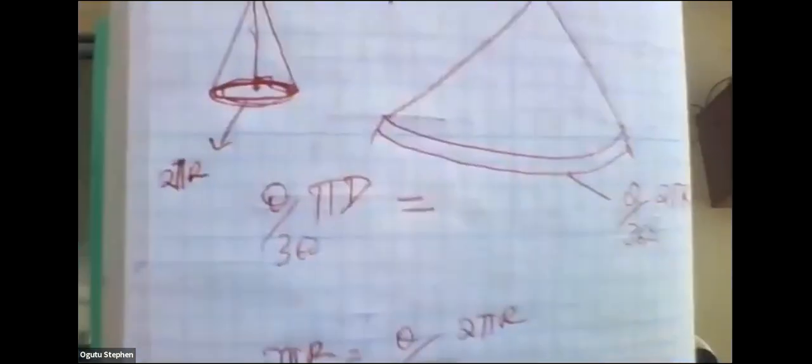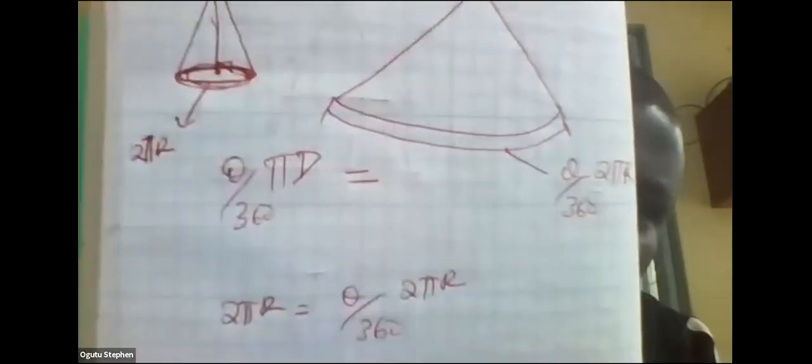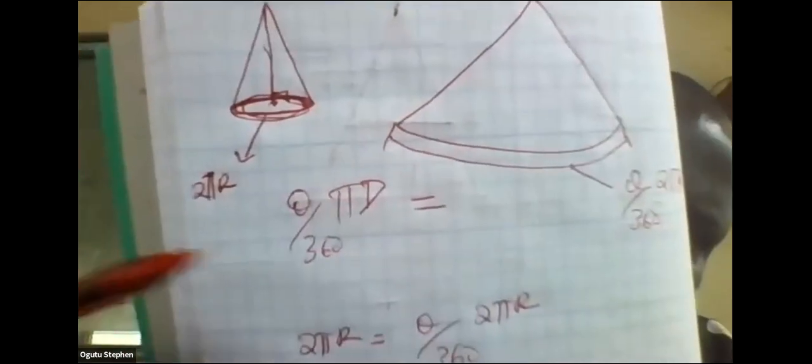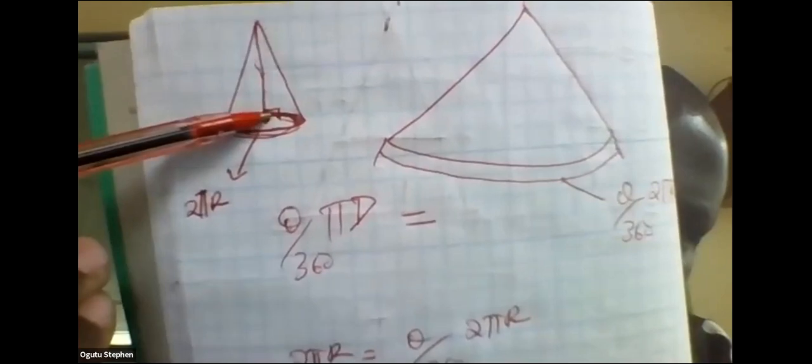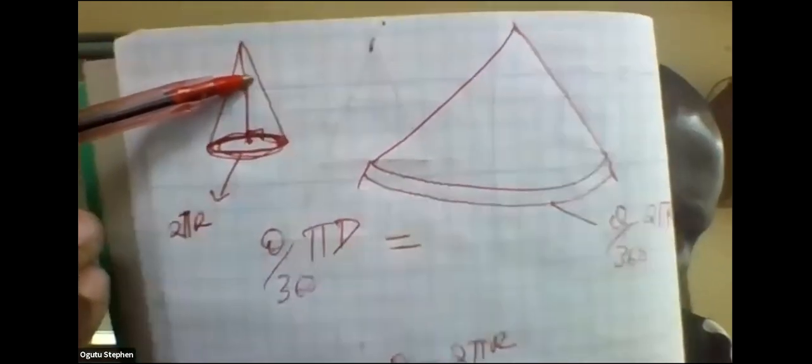Let me show you, Jesse, and many others who may have such a challenge. Something like this. So what I'm saying is this. This is our cone. Jesse, are you seeing this? Yes.